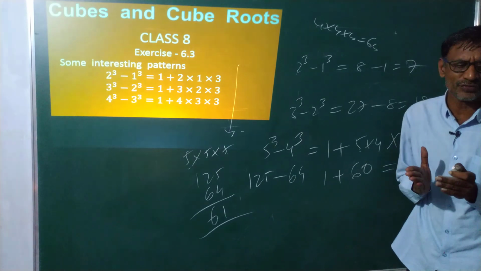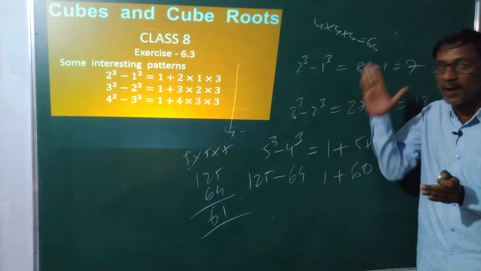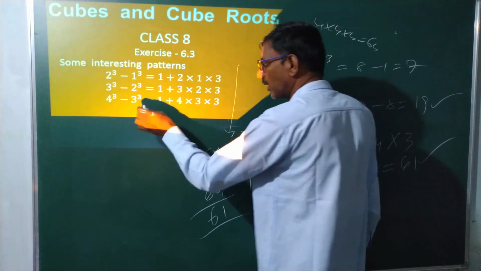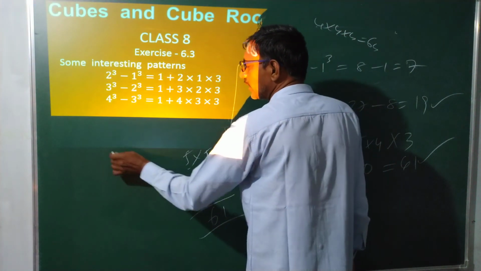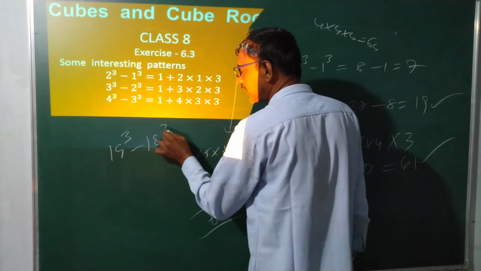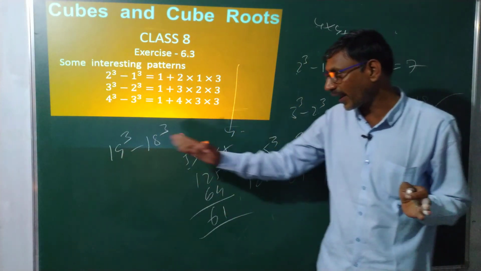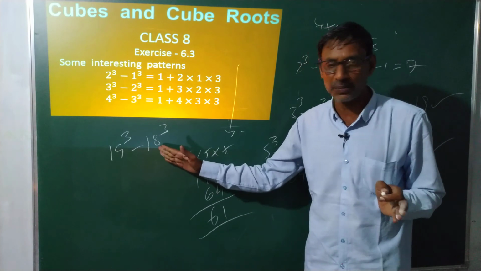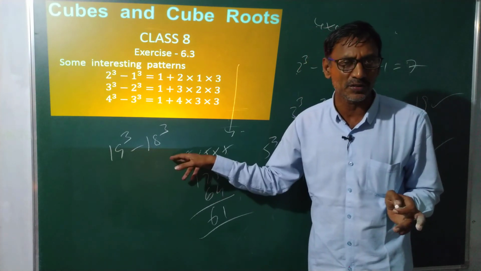Similarly, we can find this type of pattern. Suppose if I take something like 19 cube minus 18 cube. These two are two consecutive integers.